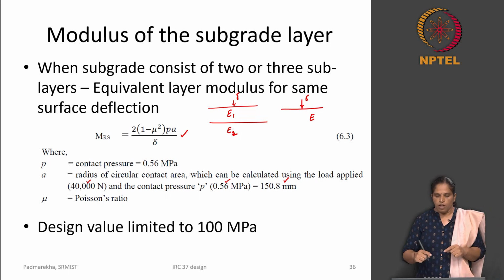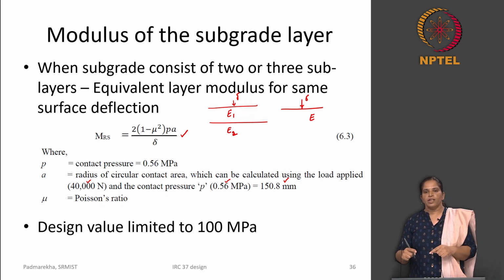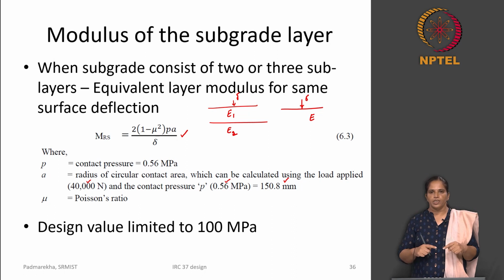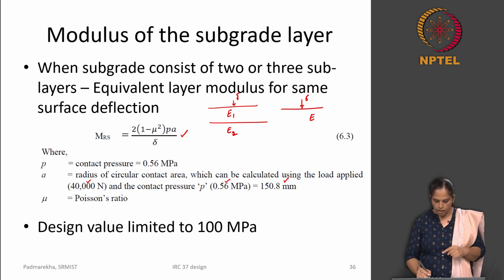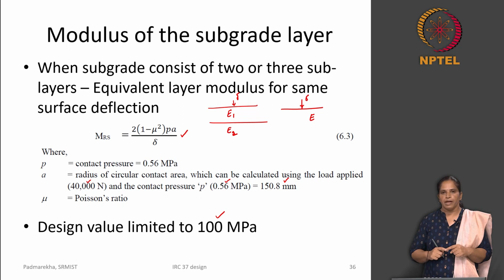So now we use this as an equivalent modulus for the design purpose, and there is also a limitation considered in IRC 37. So IRC recommends to limit the use of modulus value to 100 megapascal.